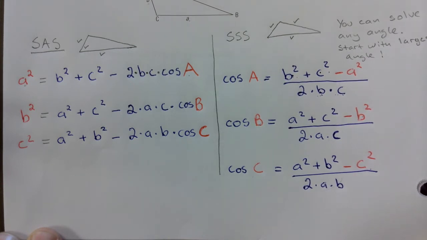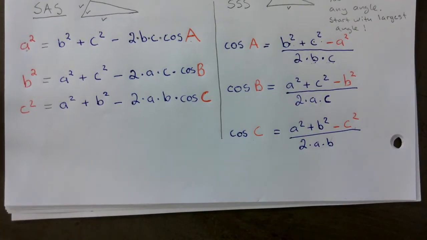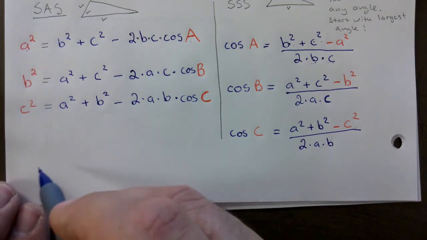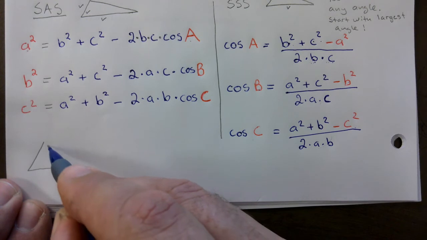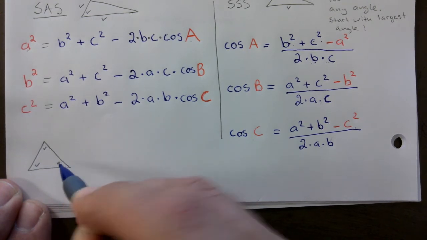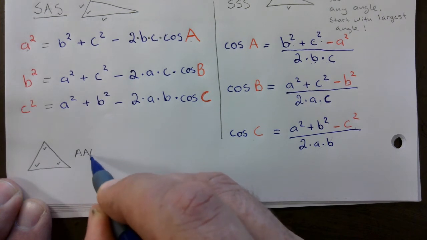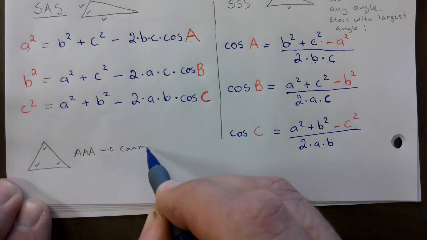I think I just wanted to add one more thing here. Yeah, there's one triangle that can never be solved. When you have a triangle where you know all three angles, angle, angle, angle, it cannot be solved.